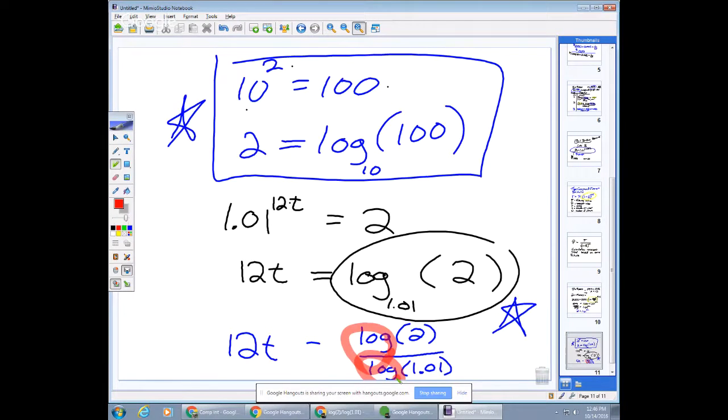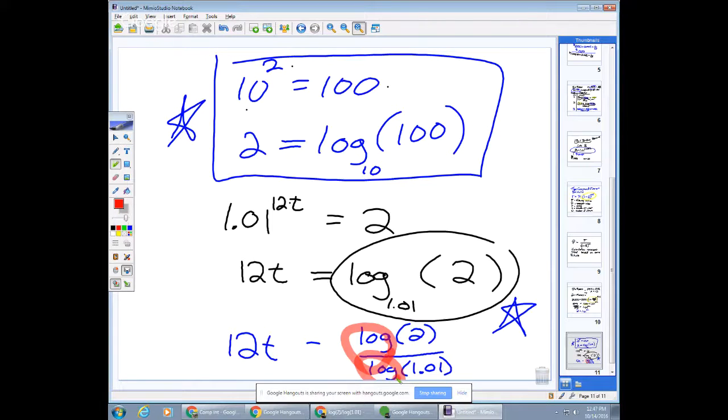Because some of your calculators have a button called LN. That's called natural log, which is log base E. E is about 2.7. It's a weird number like pi. So it wouldn't matter if we used the natural log or the base 10 log. This will still work, which is like, wow, really? Why would that still work? But it does. That's a whole other discussion. Take Math 111 if you want to learn about that. We've got better things to do.